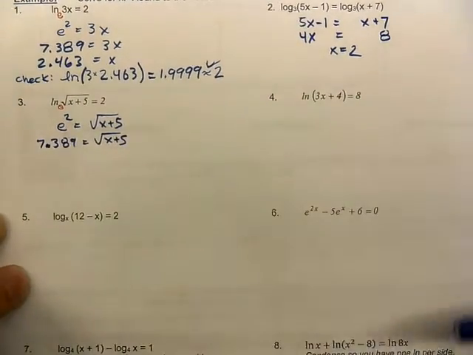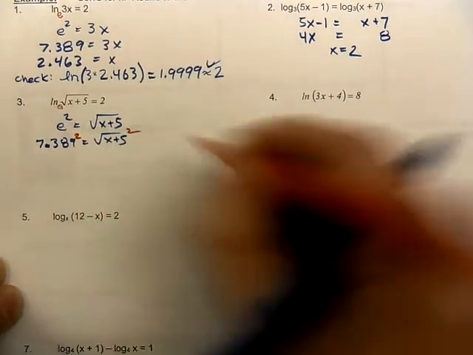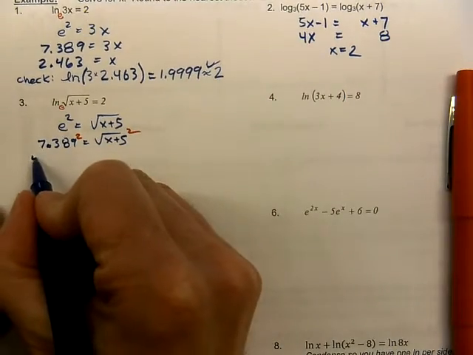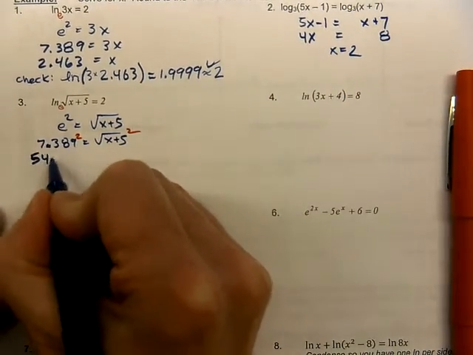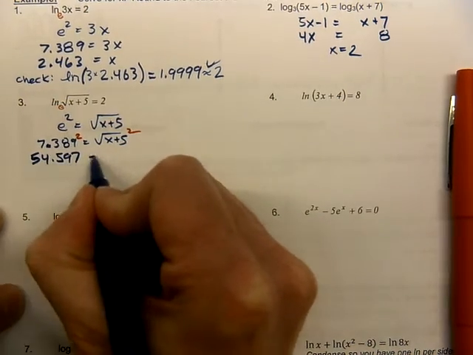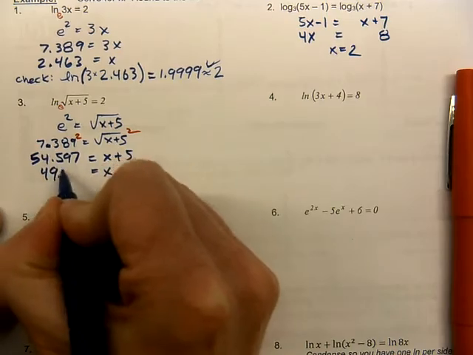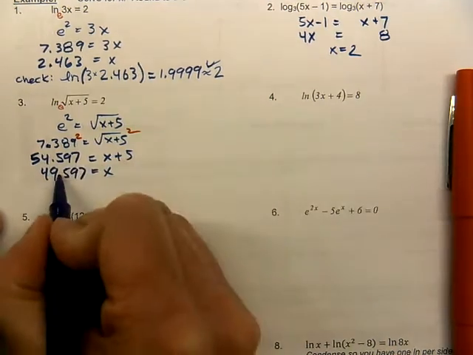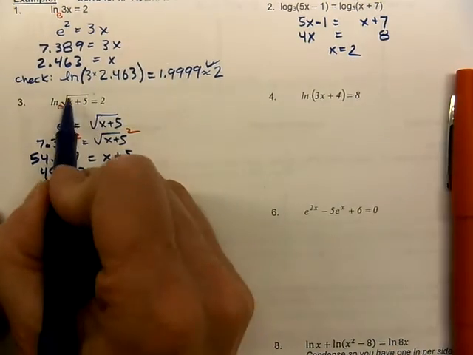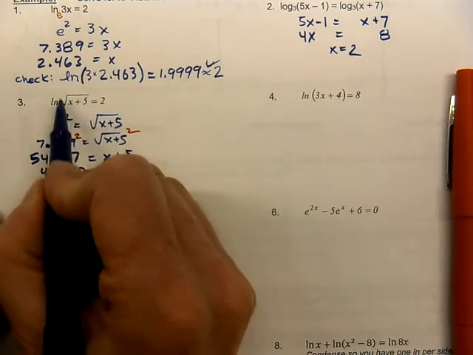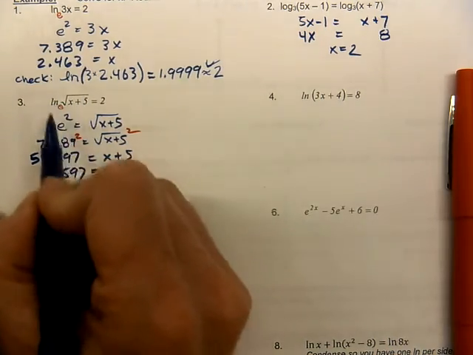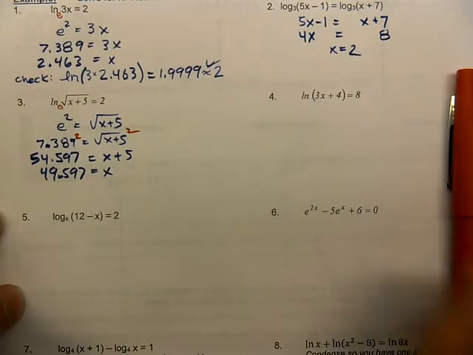And then to eliminate the radical, we'll square both sides. So 54.597, and then subtract 5. So 49.597, right? So that's a very large positive value. If you plug it back in, you add 5, it's still positive. You take the square root of it, it's still positive. So yes, that checks out.